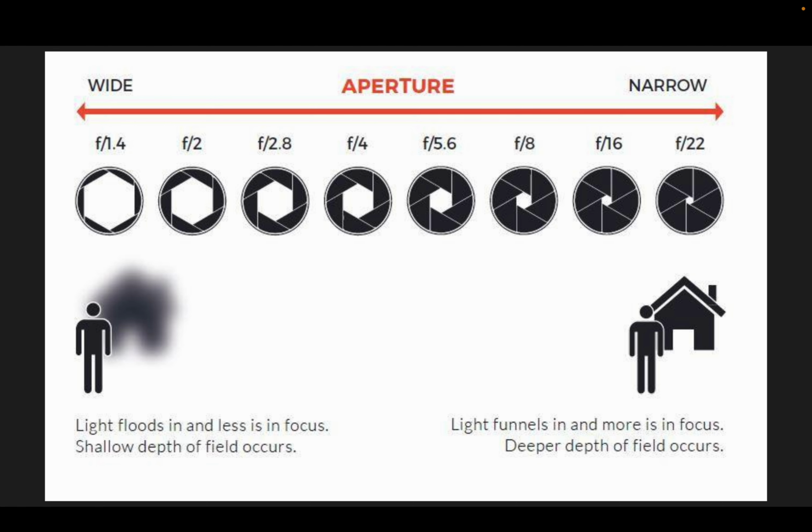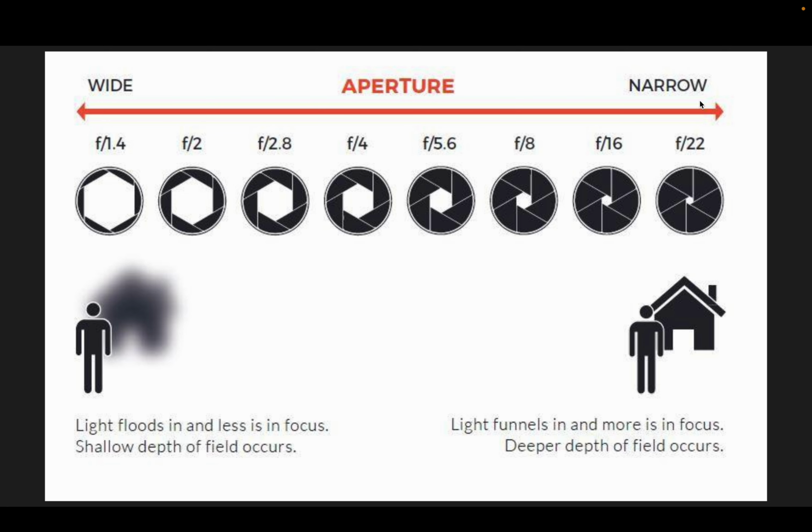And here's another diagram. I've got a lot of diagrams in this presentation because there are a lot of different ways to understand it, and it's good to see multiple ways of looking at things. Here they describe a large aperture as a wide aperture, and a small aperture as a narrow aperture.